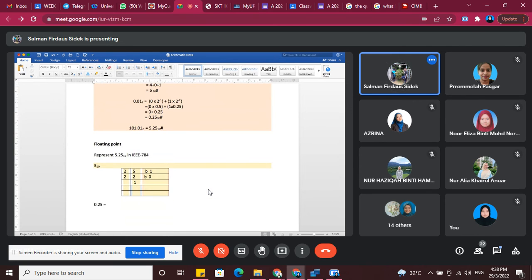Okay, kita guna teknik ini sekejap. Ini dia ya.